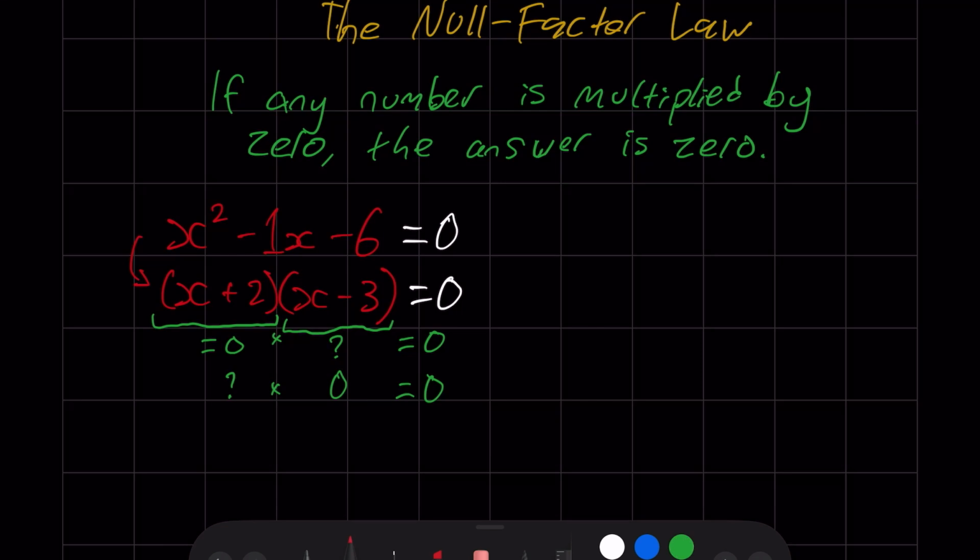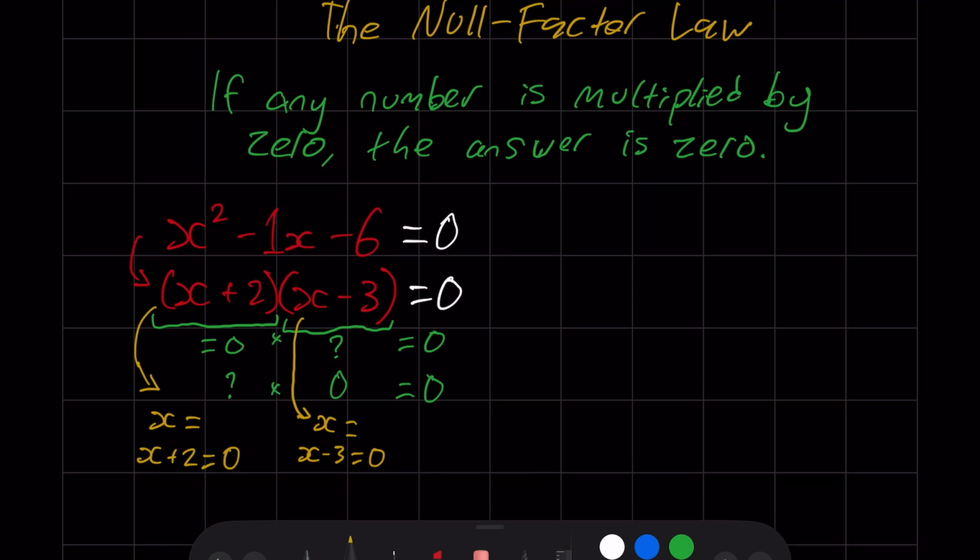So we want to find what x needs to equal for x plus 2 to equal 0. Same with this second bracket: what does x equal so that x take 3 equals 0?